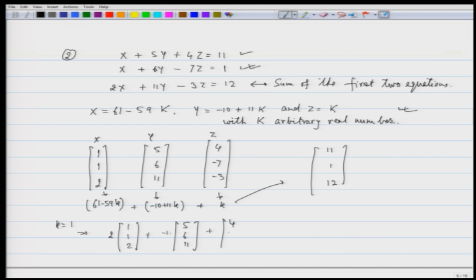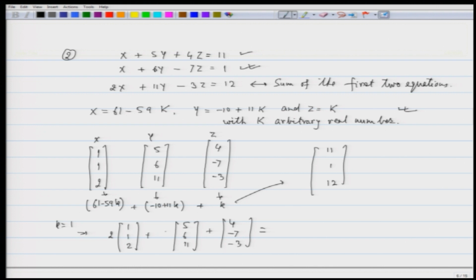plus 4, minus 7, minus 3. That is equal to 5 plus 4 is 9, 4 plus 2 is 6, 6 minus 5 is 1. Have I made some mistake here? k is 1, so oh sorry, it should be plus 1 here.